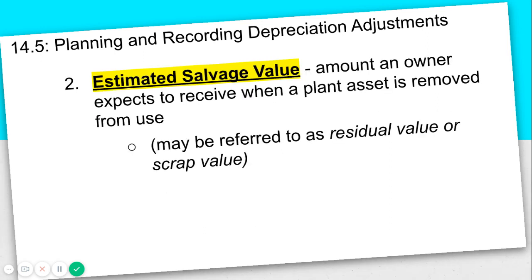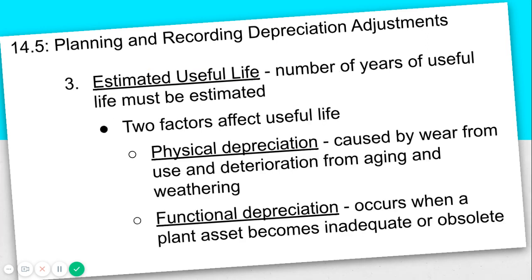2, estimated salvage value is the amount an owner expects to receive when a plant asset is removed from use. This may also be referred to as the residual value or scrap value. Factor 3, estimated useful life. The number of years of useful life must be estimated.